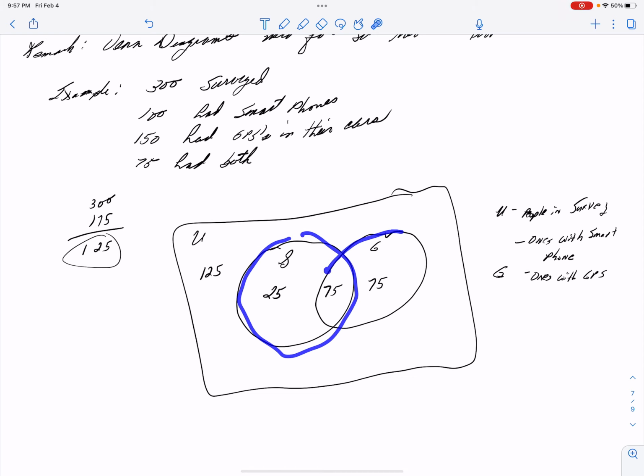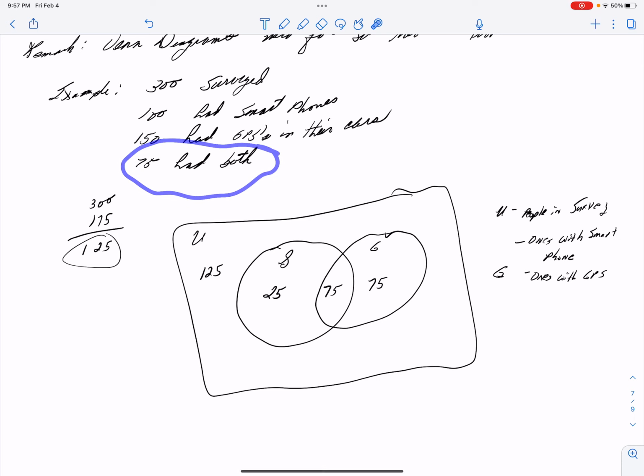And let's set G the set of people that had GPSs. And so you simply work from the inside out. If I say 75 had both, then that means 75 are in the intersection, right? So I've got 75 in there.